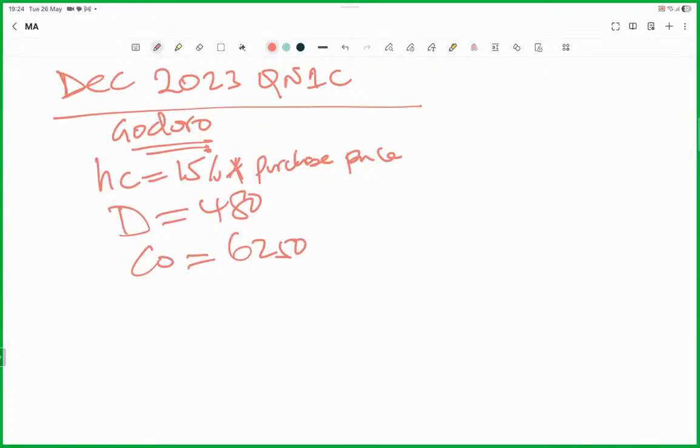They want me to give them the economic order quantity of the mattresses. And of course, in note number 2 that I'd skipped, the purchase price is 4,000.